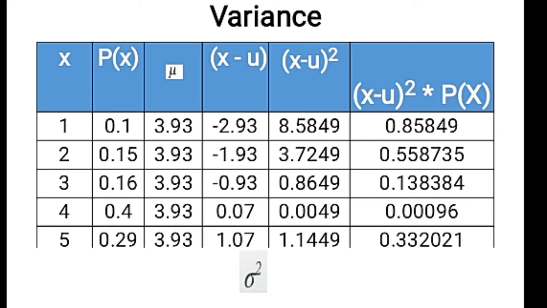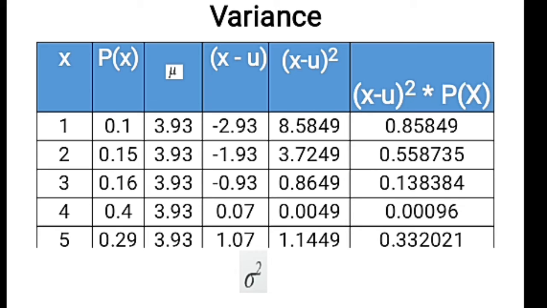After getting the differences, we multiply each by itself, that is x minus the mean raised to the power of 2. Negative 2.93 times negative 2.93 equals 8.5849.